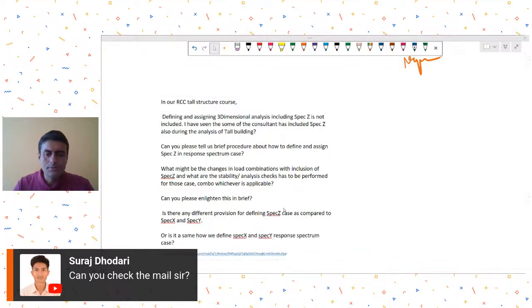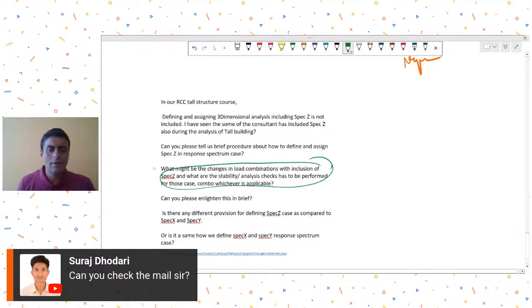Generally what we do is, instead of defining the response spectrum in Z, we treat it as a part of or as some percentage of the horizontal earthquake forces. As a percentage of that, we define our vertical earthquake. In vertical earthquake definition, generally we may not have the graph like this.